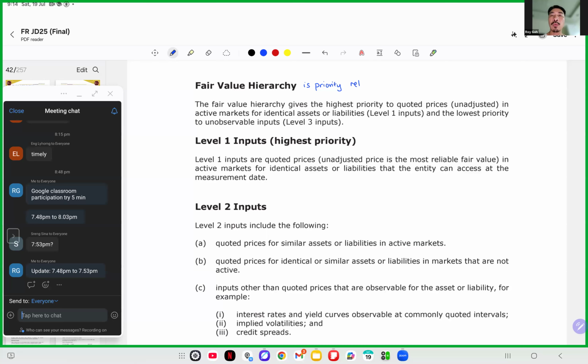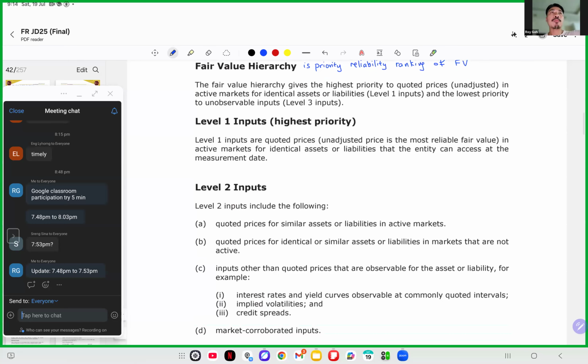You are going to learn what's level 1, 2, 3, the same as that. So this is your priority. This is also your reliability ranking of fair value. Since there are so many markets, which market, which fair value, which use value is the most reliable? Level 1 is an active market for exactly the same asset.